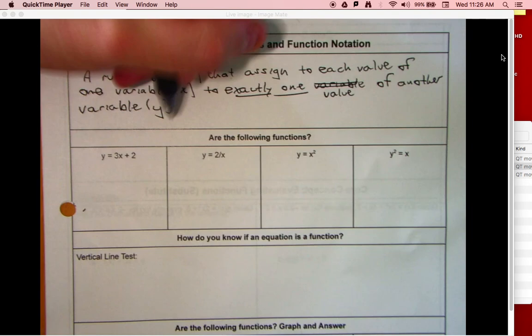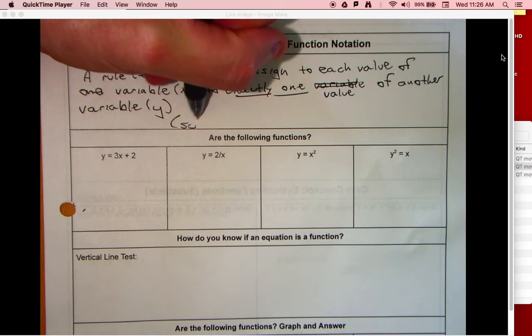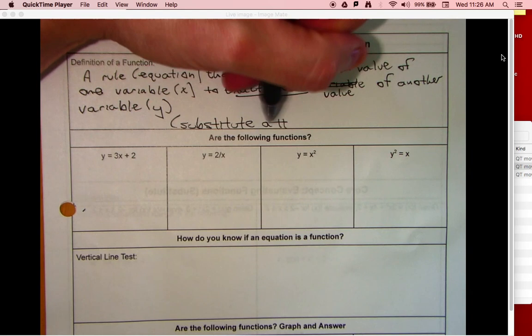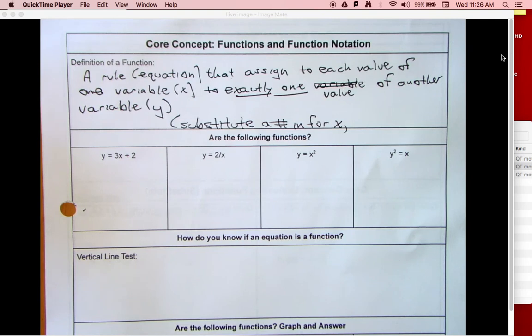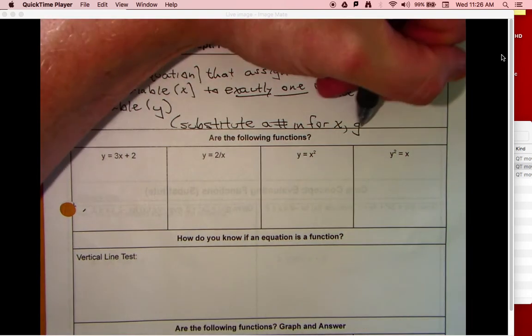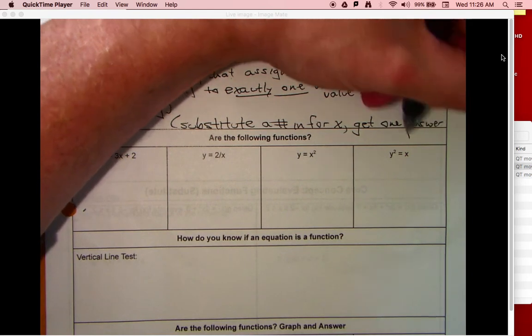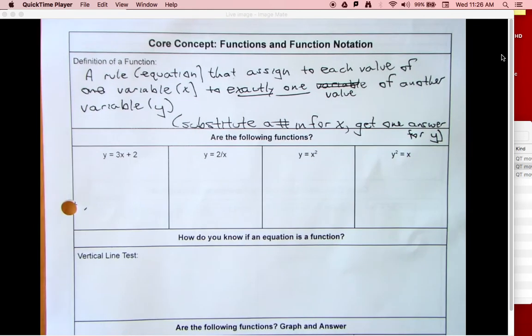So, layman's definition here, you substitute a number into the equation for x, and you get one answer for y. Okay, that's all it is. If you run into an equation where you plug one answer in for x and you get one answer back for y, we call that a function.